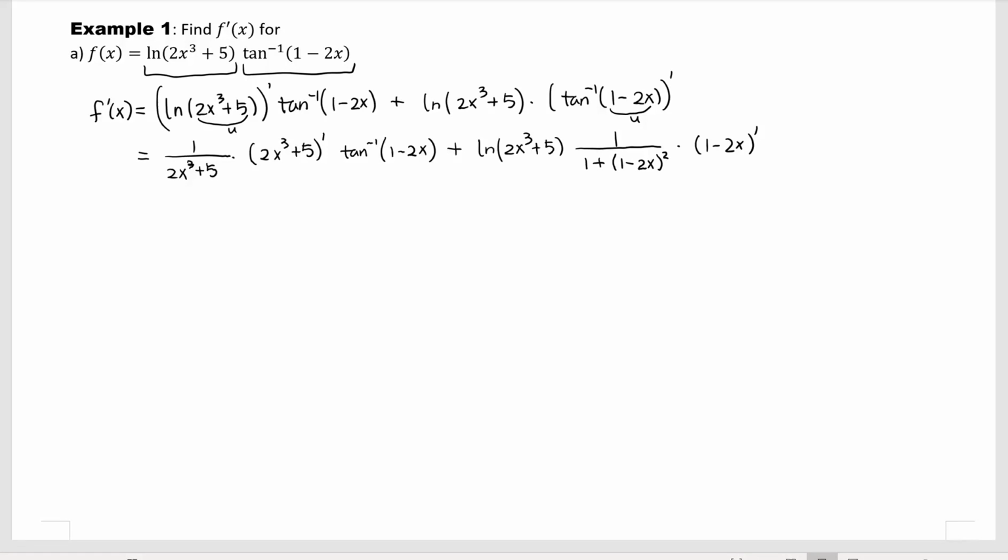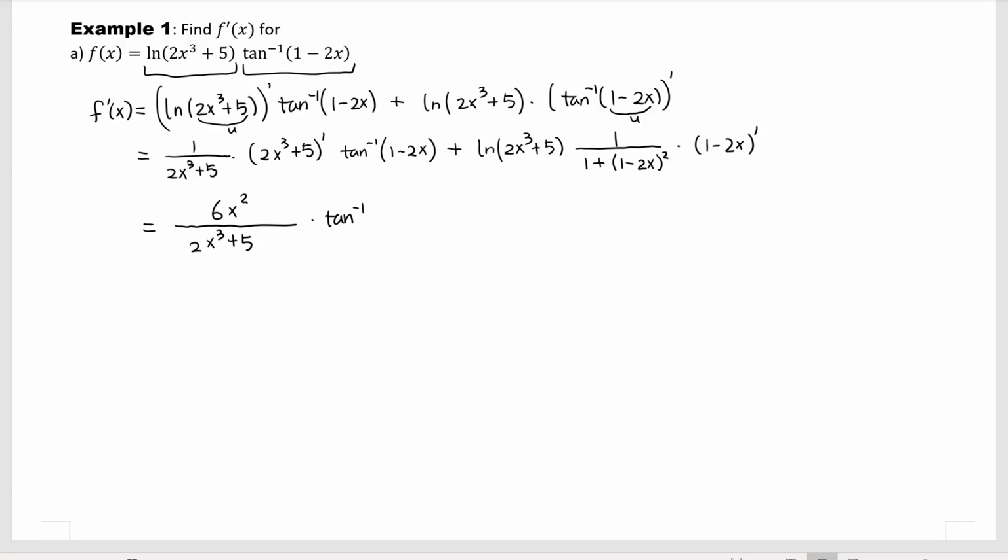Okay? And now let's continue. Okay, what is the derivative of 2x cubed? 3 times 2 is 6. So 6x squared. And then we have 2x cubed plus 5 at the bottom.